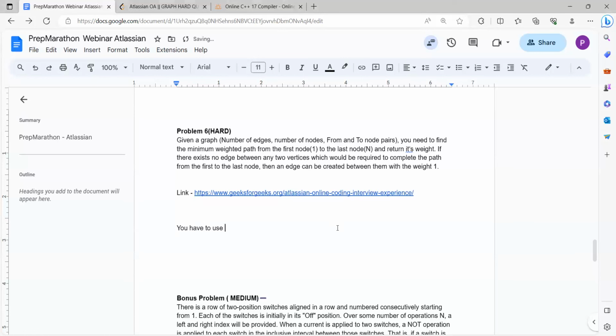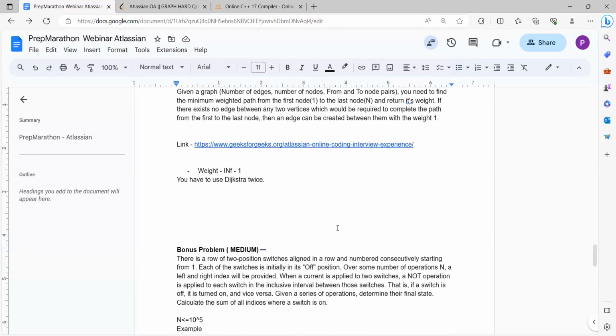After the first Dijkstra, those weights which are very big, like infinite, you replace with 1. So you are actually adding the one edge required to go from 1 to the last node. Then use Dijkstra again, and whatever the cost of the shortest path is, that is going to be your answer.